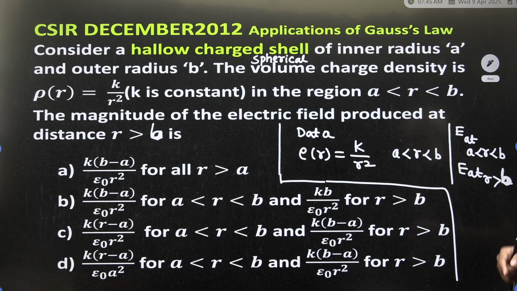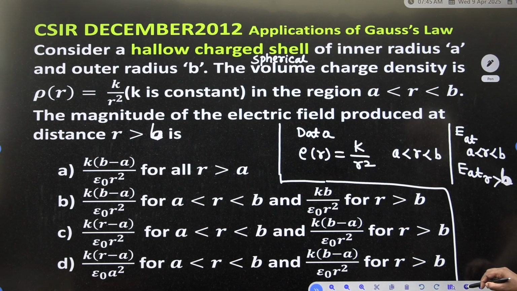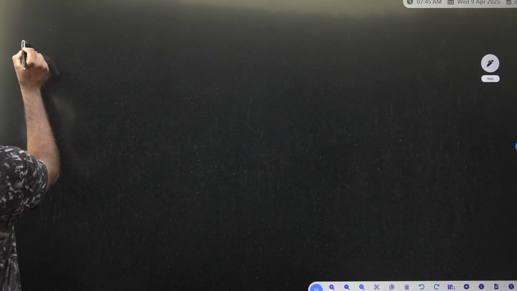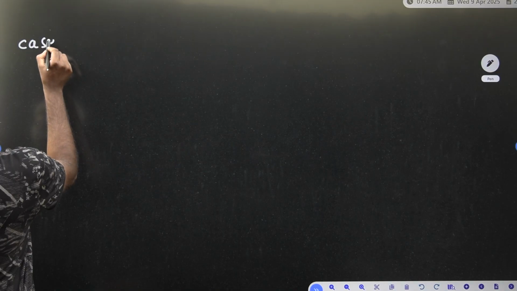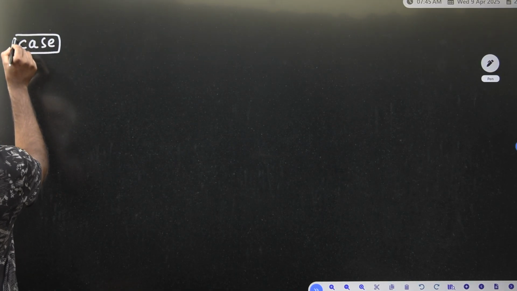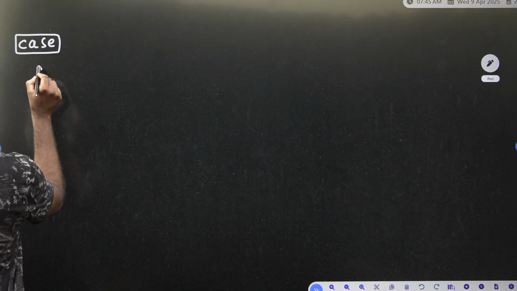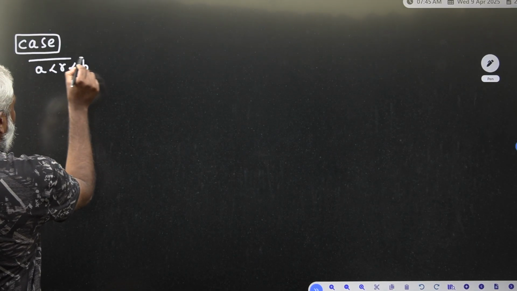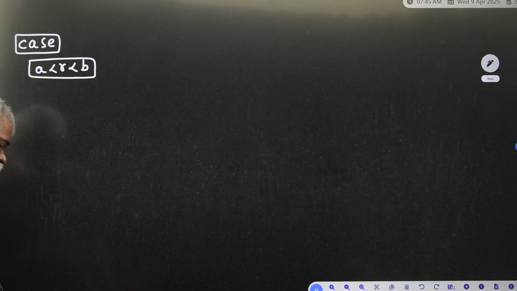When r is in between a and b, how much do we need to calculate, and how do we calculate it? First case: a is less than r is less than b.